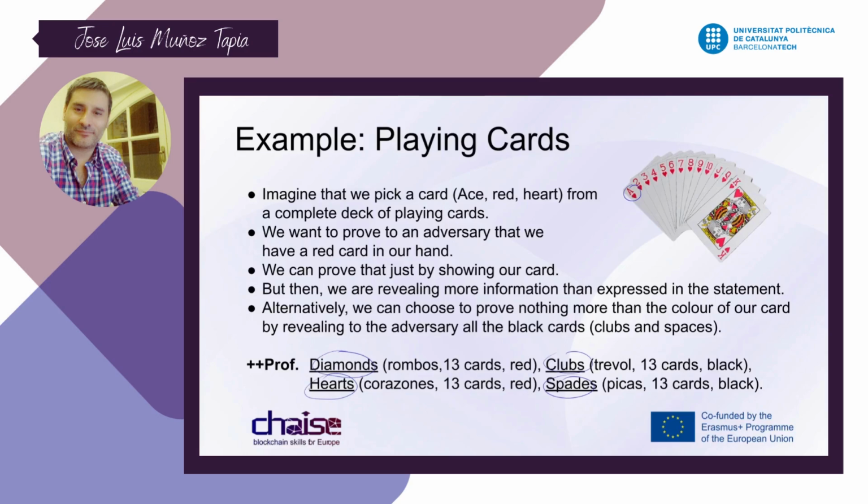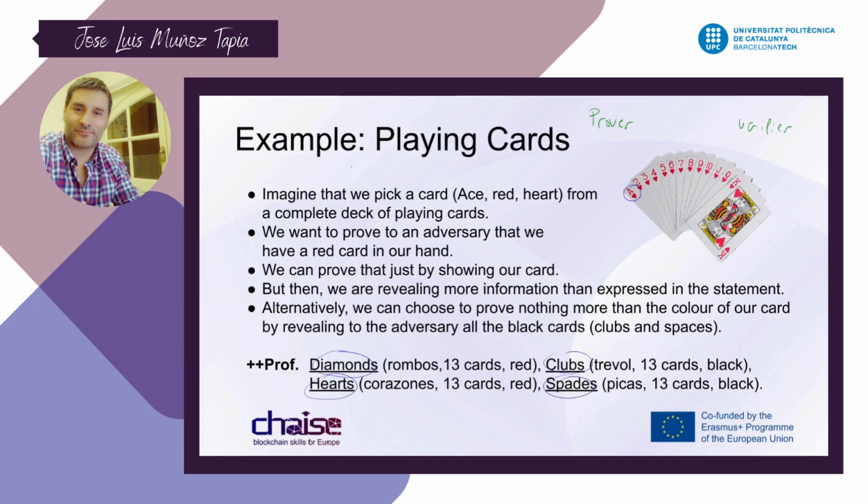So you pick a card of the deck, and you want to prove to me that this card is red. This is the statement that I want to prove. Well, let me be the prover, and you are going to be the verifier. I'm going to prove to you that I picked a card that is red. This is the statement.